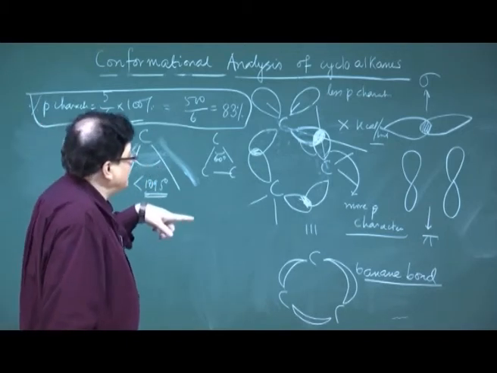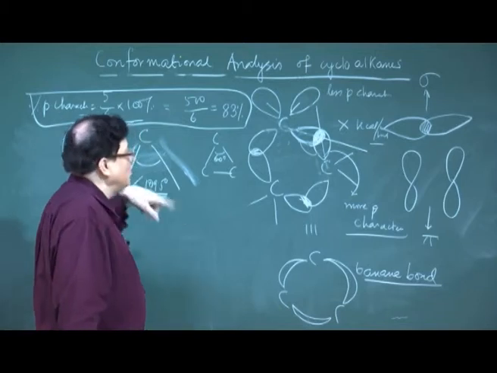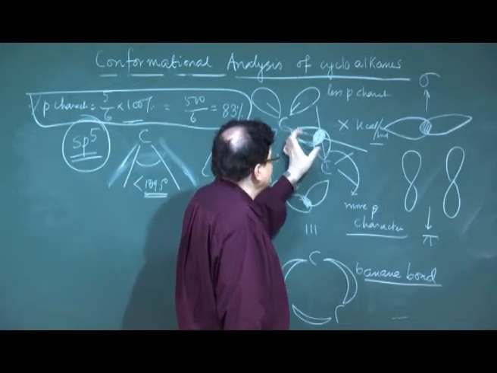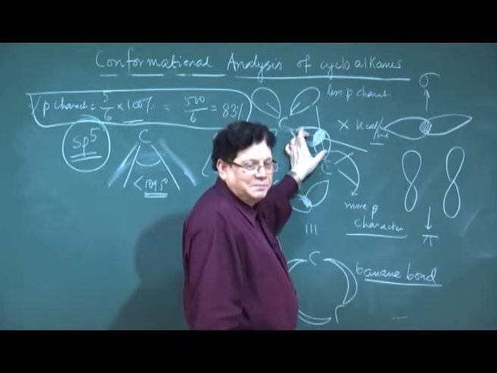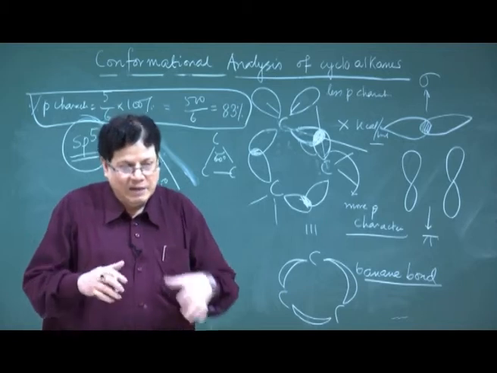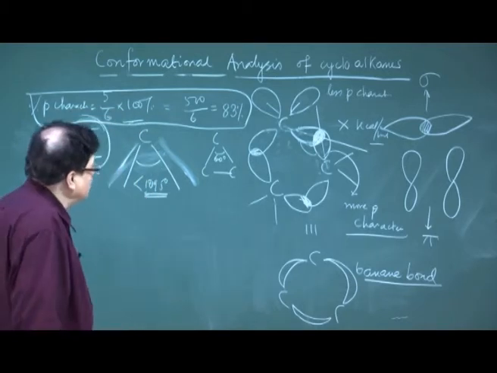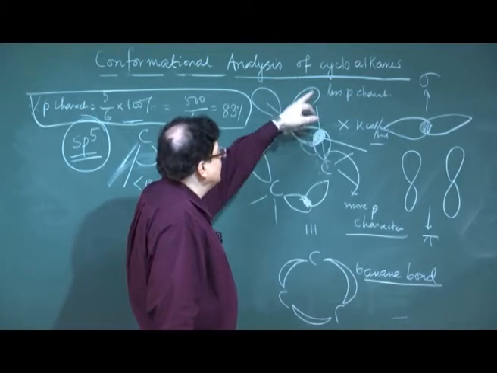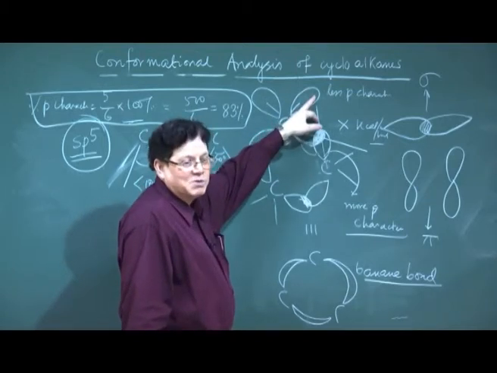It also matches with the reactivity of cyclopropane, because as the p character increases, the bond becomes weaker, because the s electrons are closer to the nucleus. So, the greater the s character, the stronger the bond. So, these bonds become weaker, and these bonds in turn should become stronger.